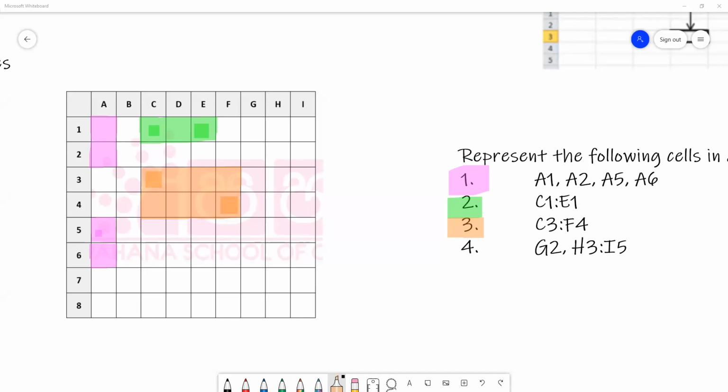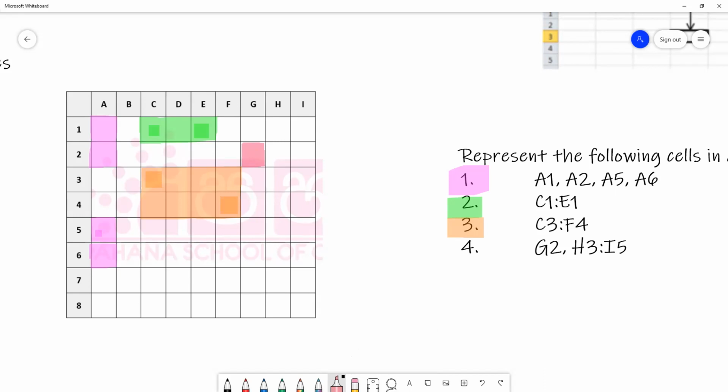So let's go to G2 first. I'm going to take a different color this time. We have G2.